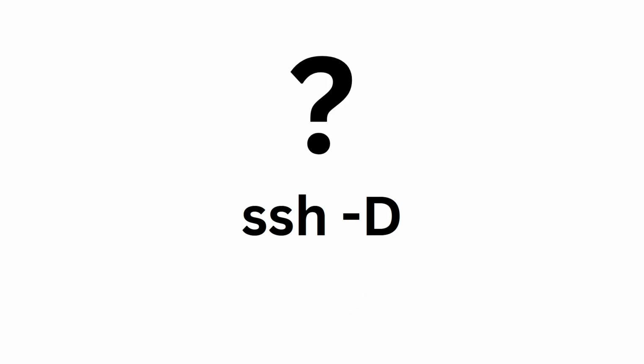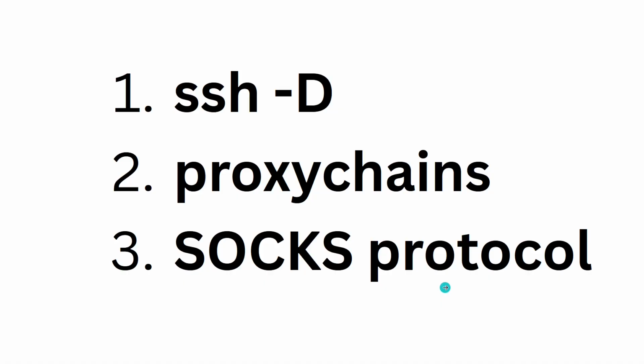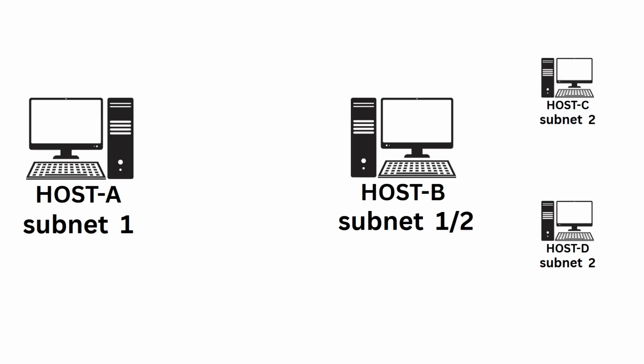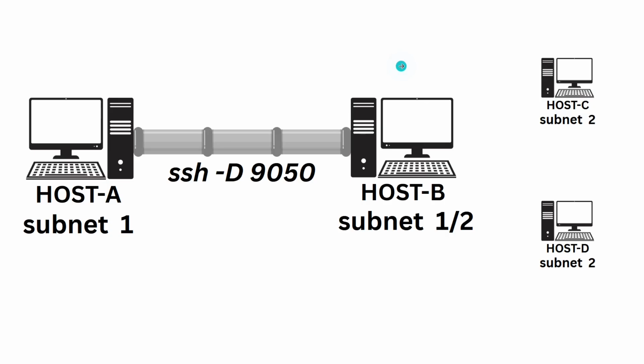Well, to understand dynamic port forwarding with SSH, we have to understand three primary components. The SSH -D command, which creates the tunnel, the proxychains redirector, and the SOCKS protocol. For instance, you have host A and host B. The SSH -D command creates the tunnel between the two hosts.